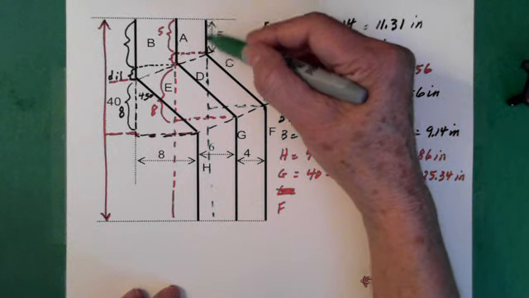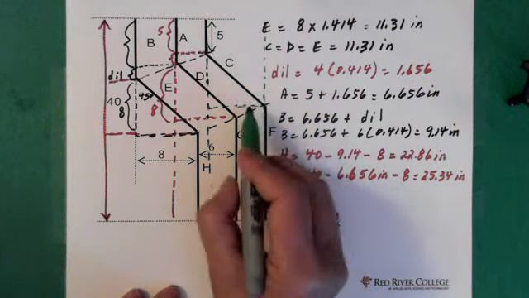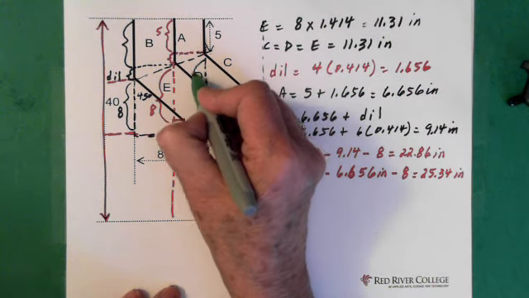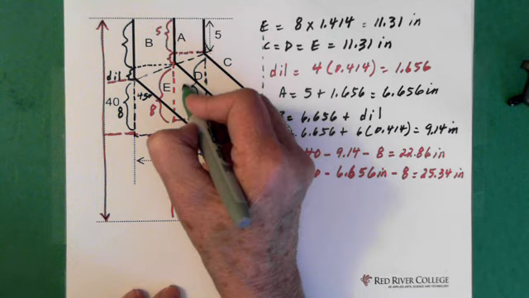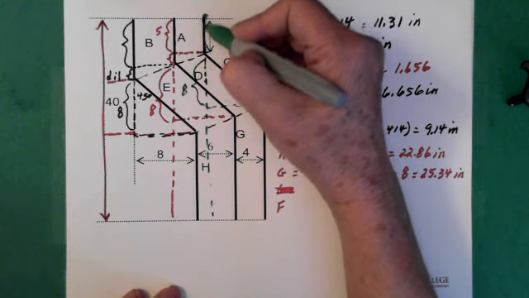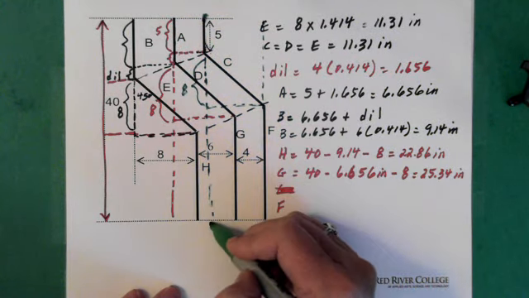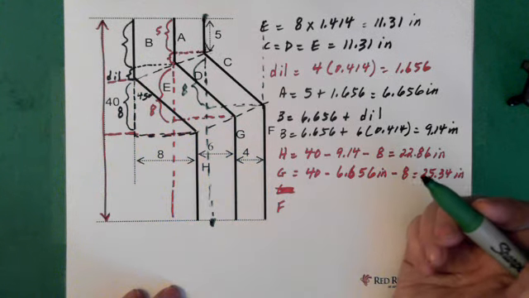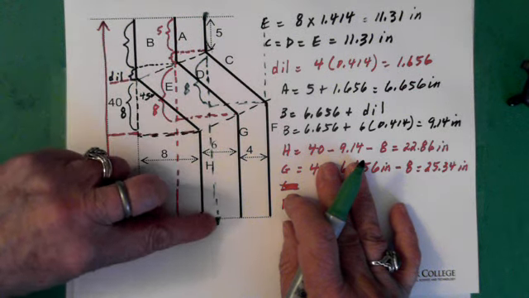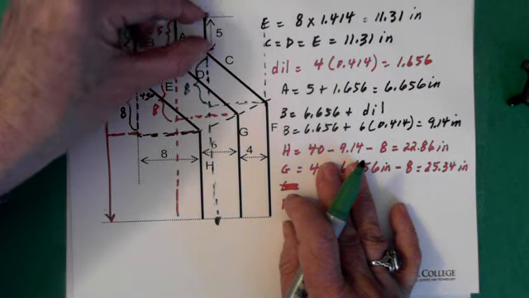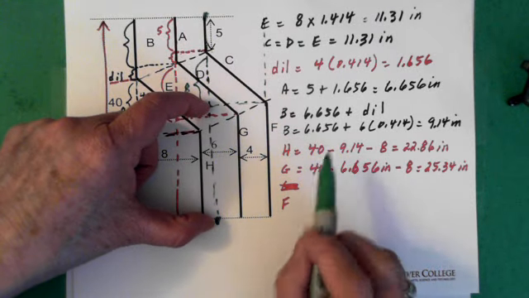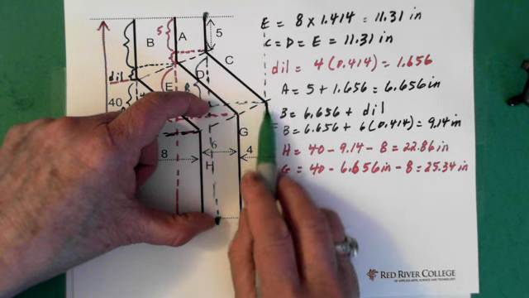We know this distance here is 5. We think about this triangle we had here. We know this distance here is 8. All right. And we know the distance from this point all the way down to this point is 40. All right. So we have 40 from here all the way down to here. This is a 5. This distance here is an 8. So then we can solve for this distance, which is our F.